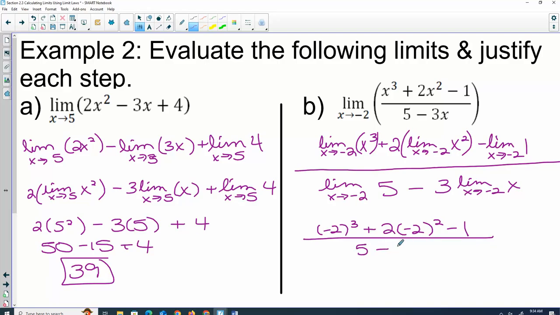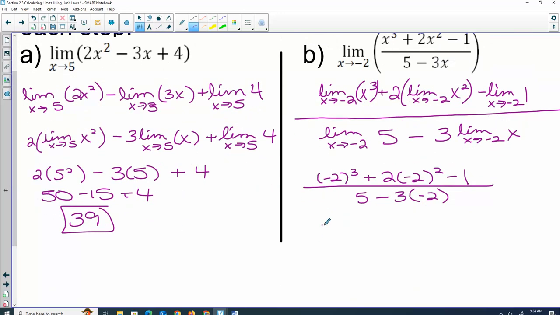Just 5. Minus 3 times the limit as x approaches -2 of x. We can plug it in. So -8 plus 8 minus 1 over 5 plus 6.